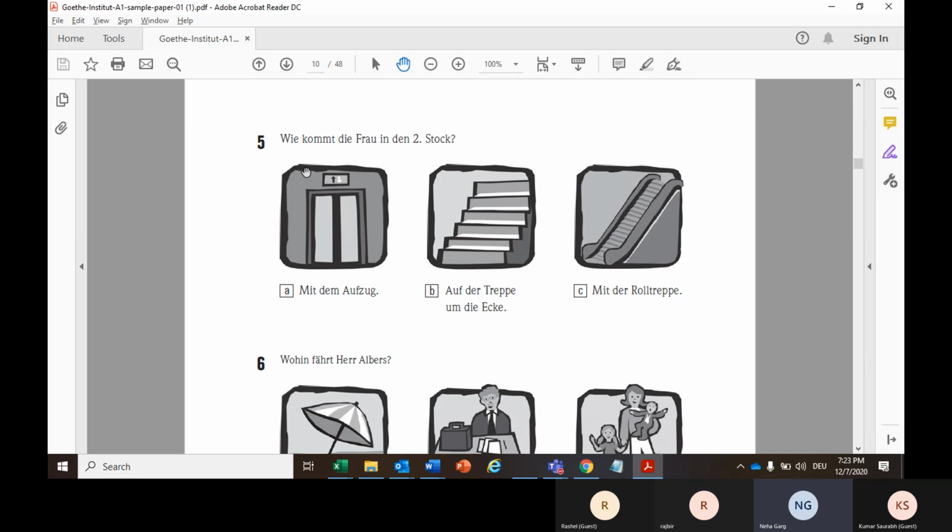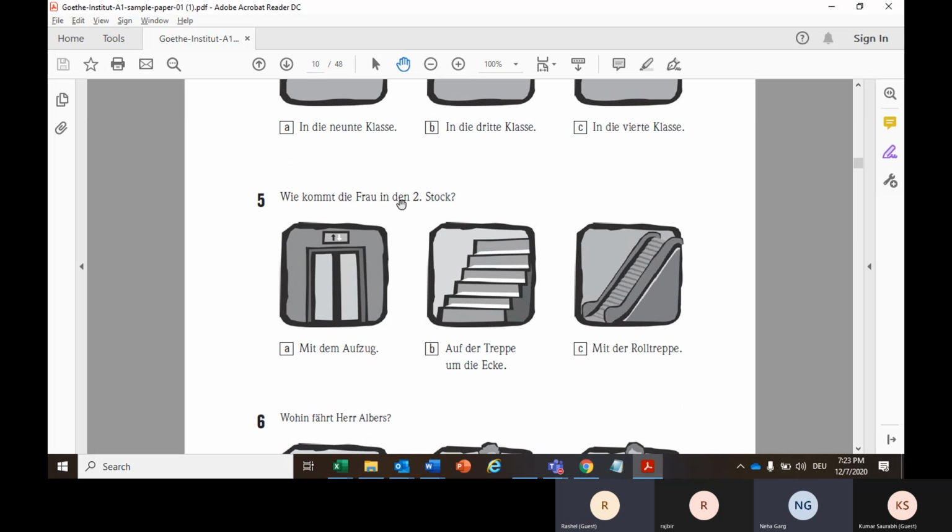Now, number 5. What is the question here? Wie kommt die Frau? I heard this A and B, but I'm not sure. Okay, so the question is, wie kommt die Frau in den zweiten Stock? How does the female come to the second floor?